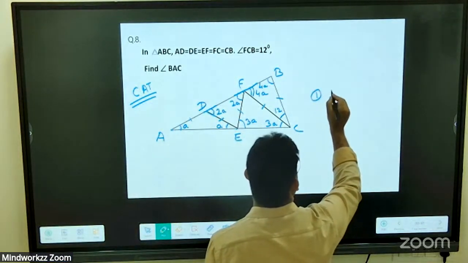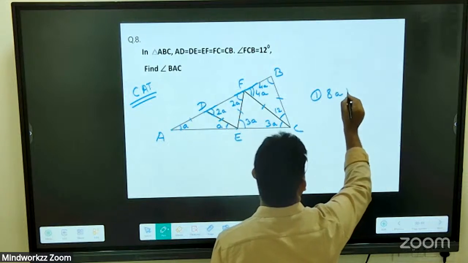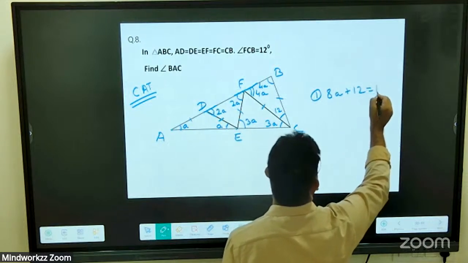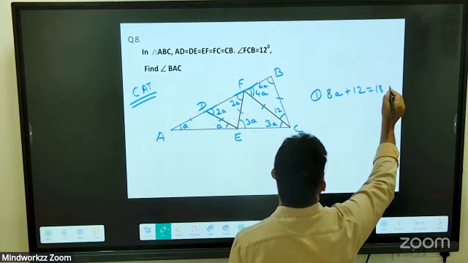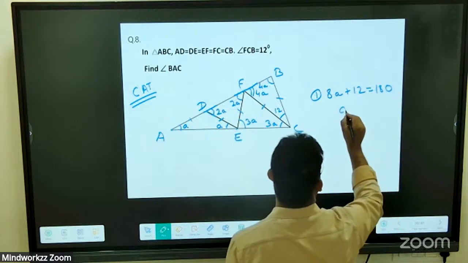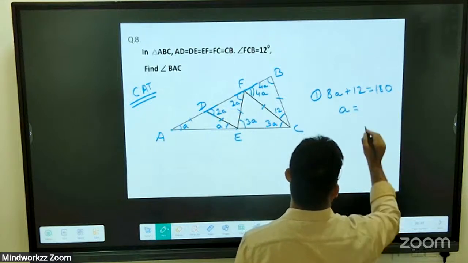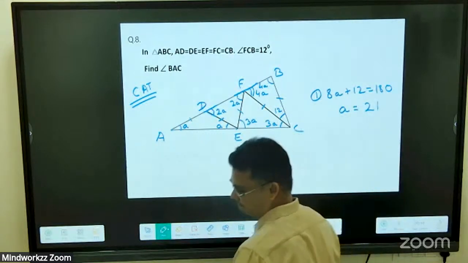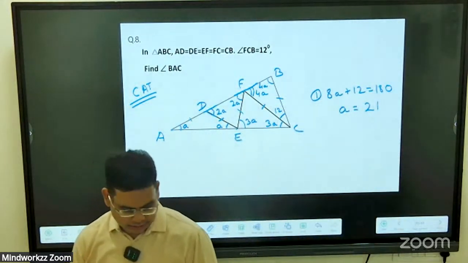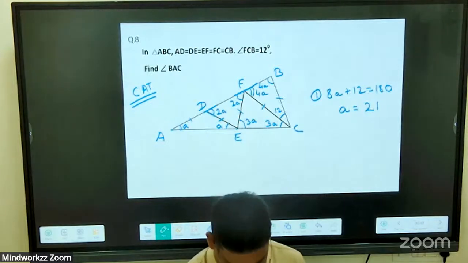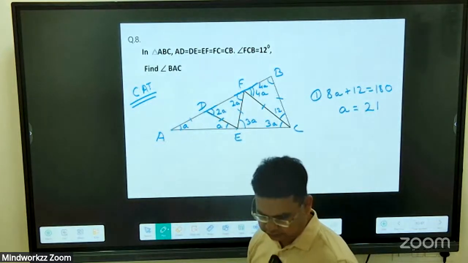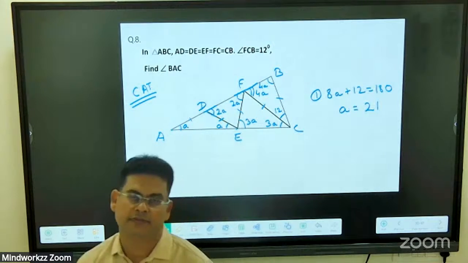Now you know. First equation, 8A plus 12 is equal to 180 degrees. So A is equal to 21. I hope you got it. Simple equation, simple question.